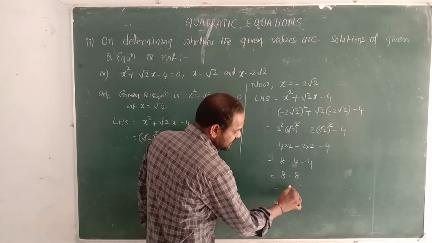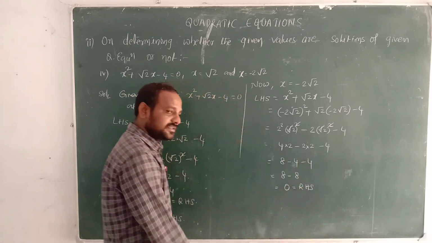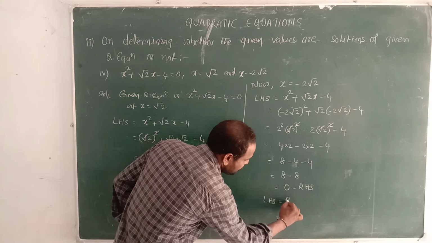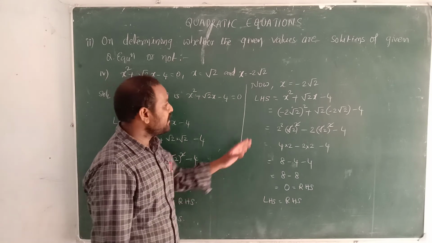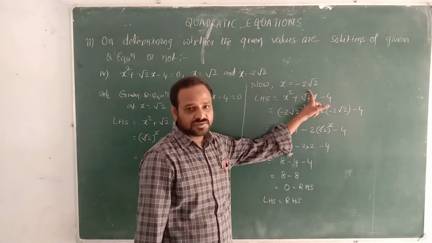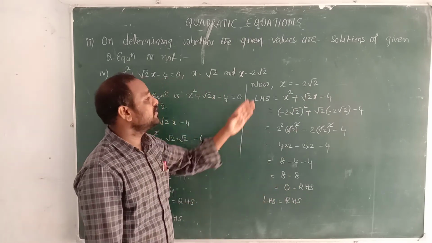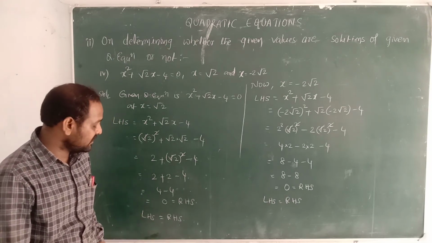So 8 minus 8, 0, which is equal to RHS. What is RHS? 0. So here also we got LHS is equal to RHS. Am I right? So what happened here? When we substituted instead of x as minus 2 root 2, we got result as 0. That means minus 2 root 2 is a solution for the given equation.